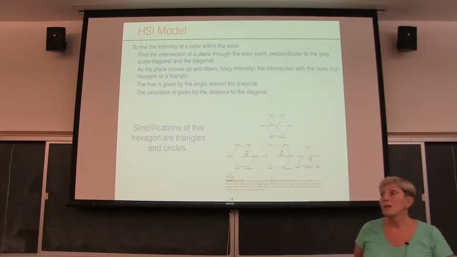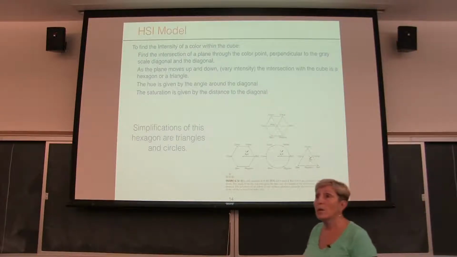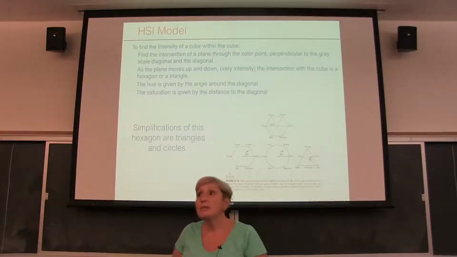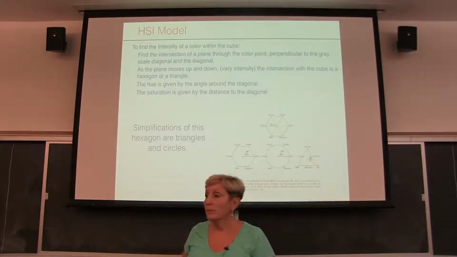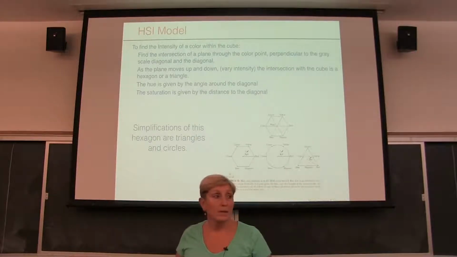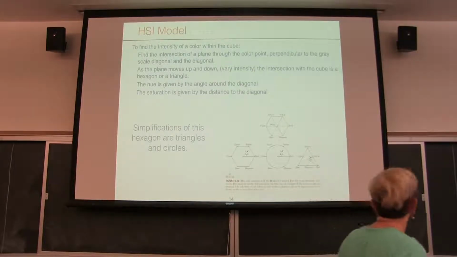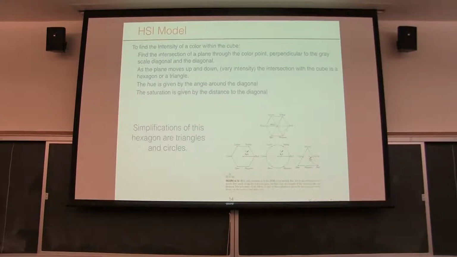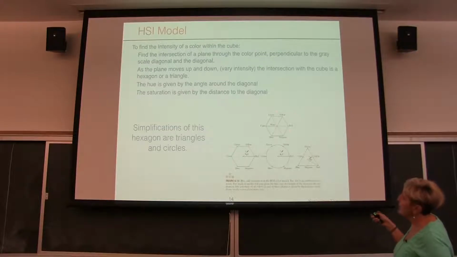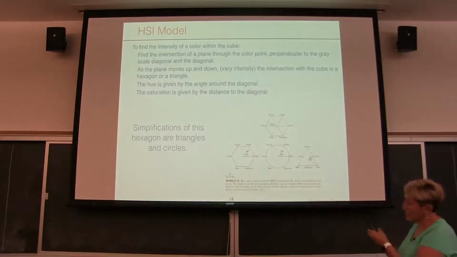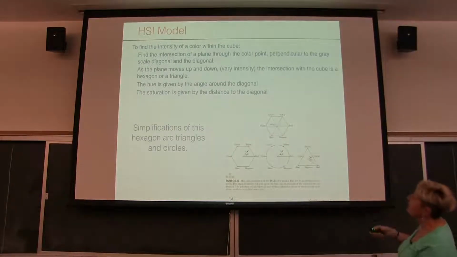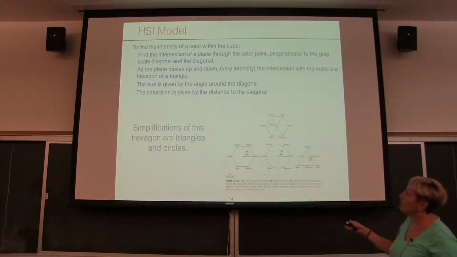Now, how do I represent saturation? What can I do to represent saturation? How far it is from the center, right? So instead of playing with this hexagon, which is the 3D cube being flattened, I can directly go with a hexagon and represent hue by the angle.